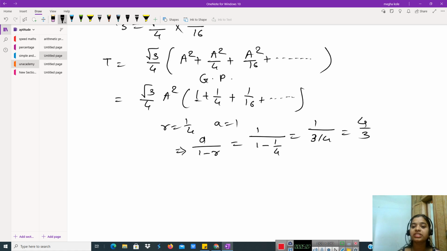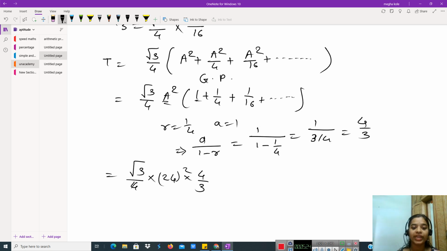So replace this sum with this answer. Square root of 3 by 4 into a square is 24 square, into 4 by 3.